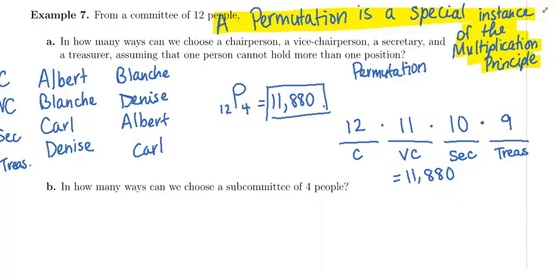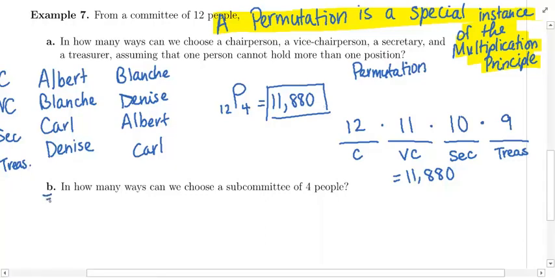If you look at the question in B, we're still working with the original committee of 12 people, but now we want to form a subcommittee. In how many ways can we choose a subcommittee of 4 people? In part A, you were also choosing 4 people, but you were assigning them titles. Like so-and-so has to be the chair, so-and-so has to be the vice chair, somebody else is the secretary, and this other person is going to be the treasurer.